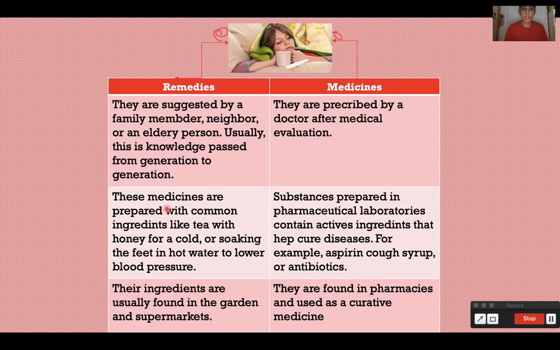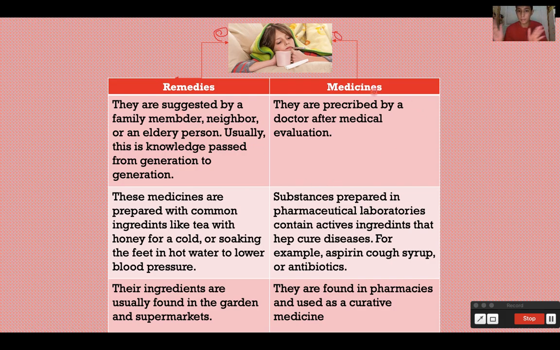So it says that the remedies can be prepared with common ingredients like manzanilla, like canela, like hoja de menta, all that are remedies that you can use. Okay, but it's suggested by a family member, not a doctor.